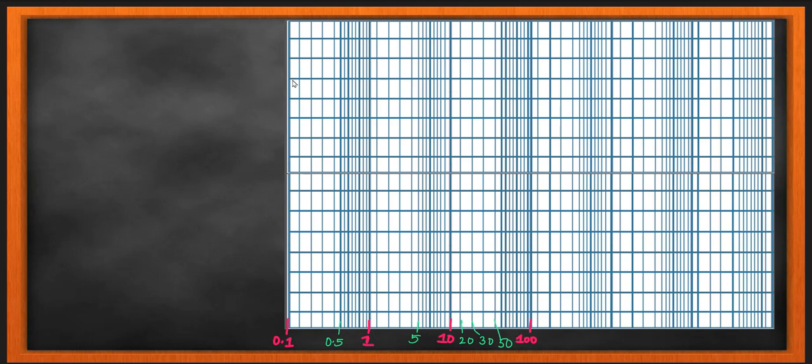Your phase margin and gain margin can be computed only if you draw these two graphs on top of each other, which means the magnitude plot should be on the top and the phase plot should be on the bottom. They have to be aligned in such a way that we will be able to map the phase margin and gain margin on these graphs. So the same x-axis must be applicable for both the phase and magnitude plot. So that is what I'm going to show you.